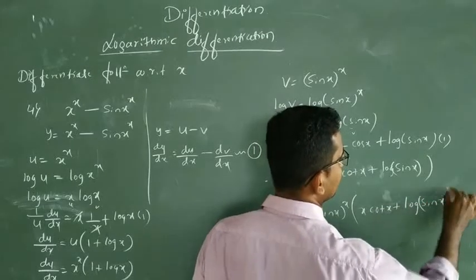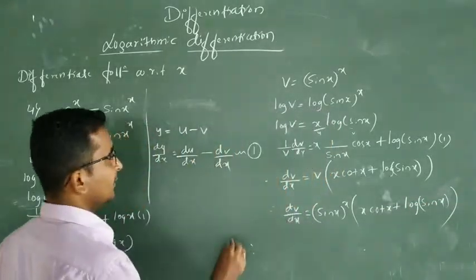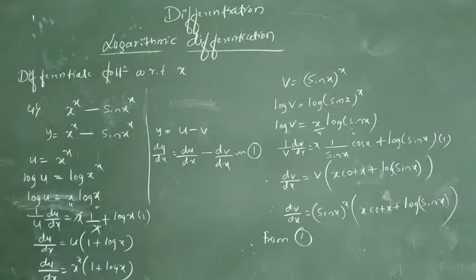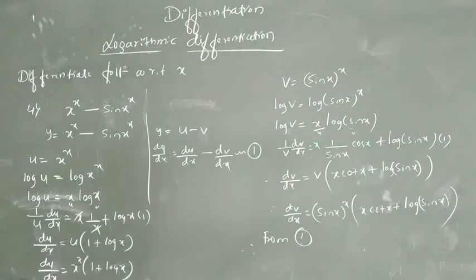Therefore, from equation 1, we have dy by dx, because we have already differentiated.